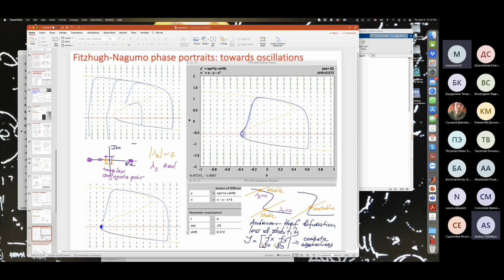What you should see is that the eigenvalues are stable, meaning that they are in the open left half-plane relative to the imaginary axis. The same is true if your intersection occurs on the upper stable branch. And if the intersection occurs over here, that equilibrium state must be unstable. It must have two eigenvalues with positive real parts.